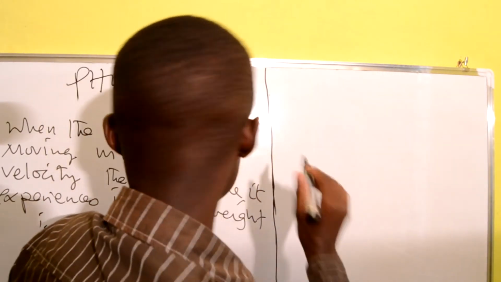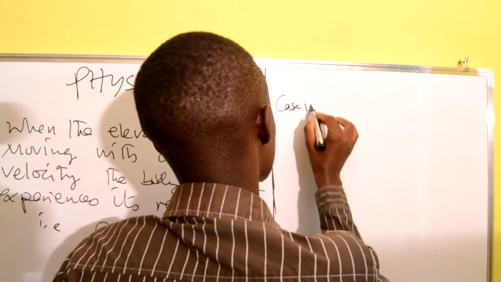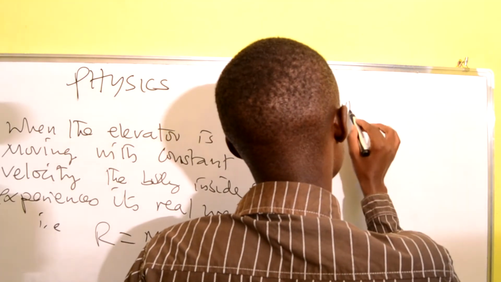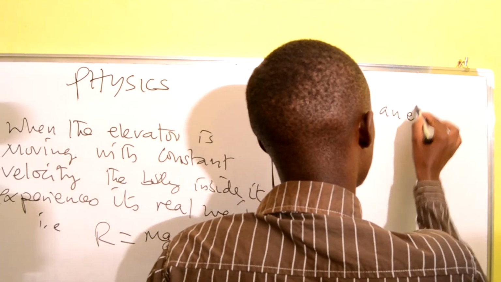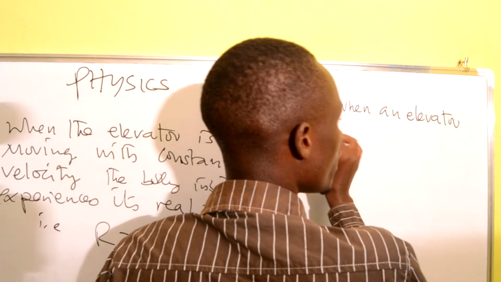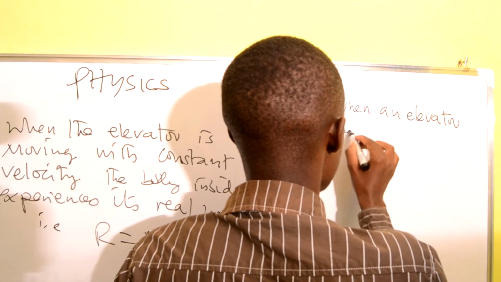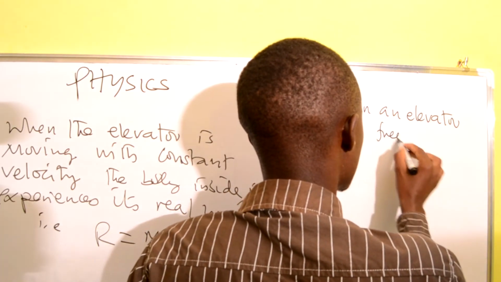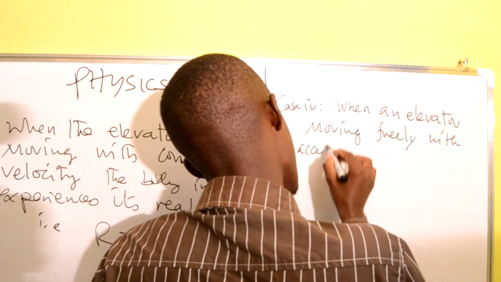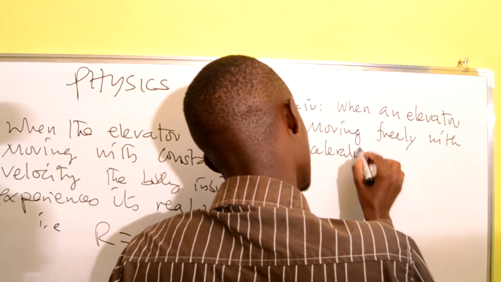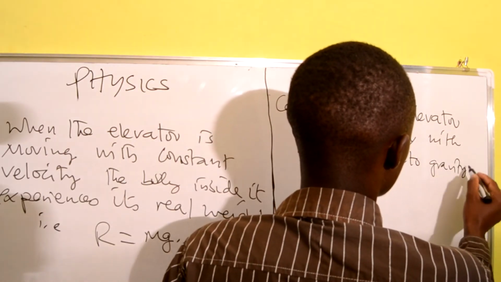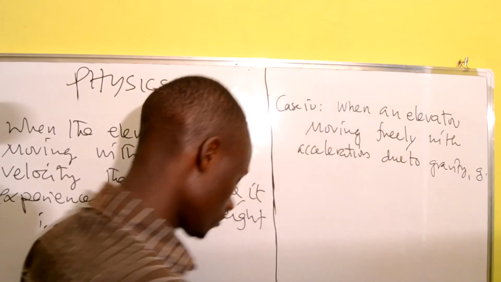Okay, case 4. When an elevator is moving free, with acceleration due to gravity g.